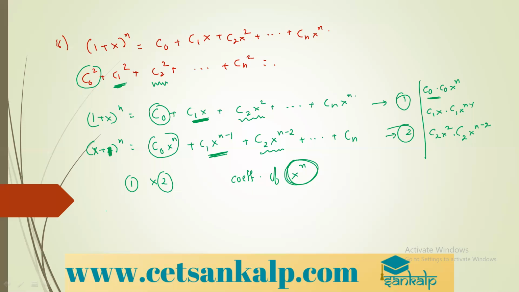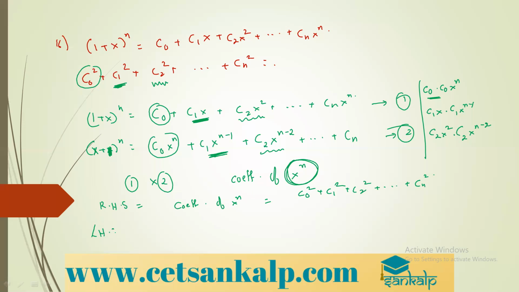On the right side, the coefficient of x power n I have already verified. So I will write C0 square plus C1 square plus C2 square up to Cn square.